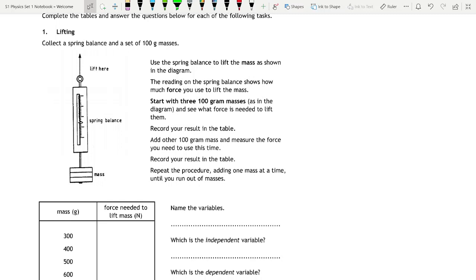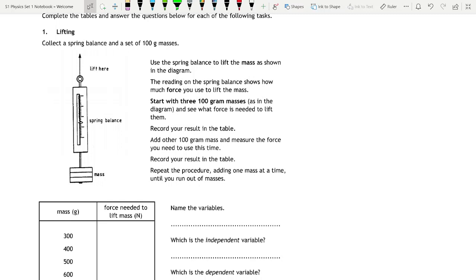We're starting with 300 grams. So that is your holder, that is 100 grams. To get 300 grams, that's 200, and that is 300.